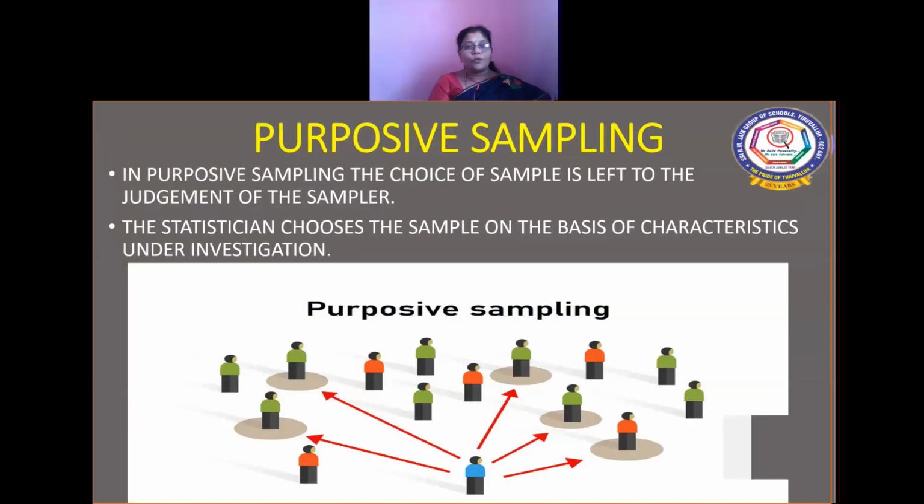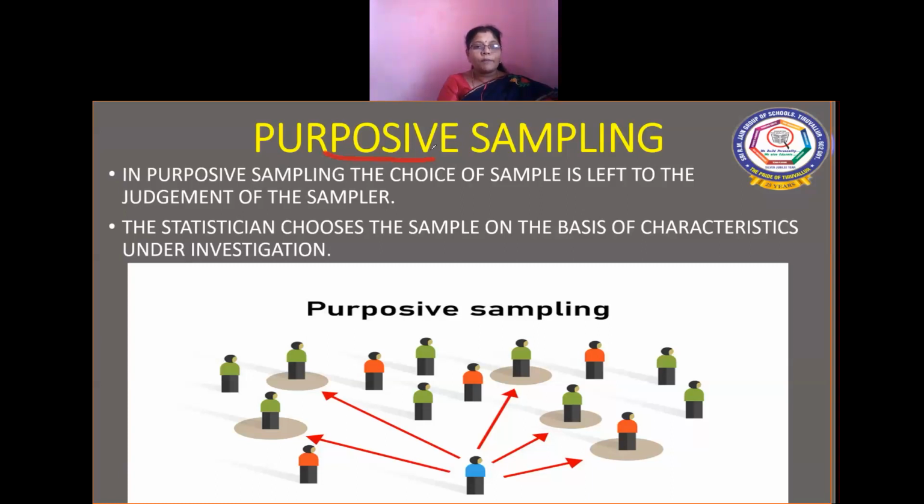Now next, we are going to discuss purposive sampling. Purposive sampling is totally different from random sampling. Purposive sampling is by choice, while random sampling is by chance.